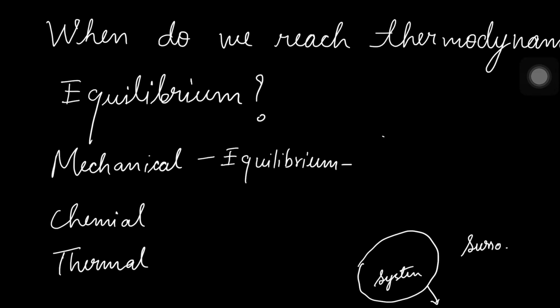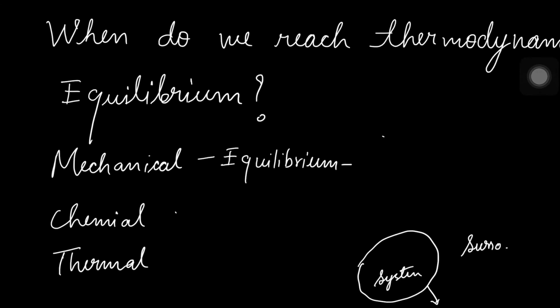I can say mechanical equilibrium is achieved when I clearly see there is no mechanical transfer, no force transfer, no pressure transfer, and no change in mechanical properties. So if we are seeing no changes in the mechanical properties, I can say this is in mechanical equilibrium.